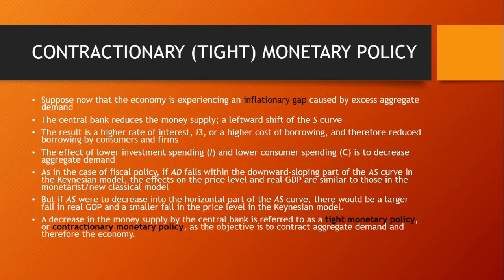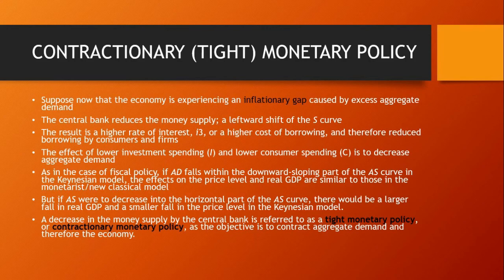The last one is contractionary or tight monetary policy. When an inflationary gap appears in the macroeconomic graph due to excess aggregate demand, the central bank will take action to decrease the money supply, and therefore it will increase the interest rate.